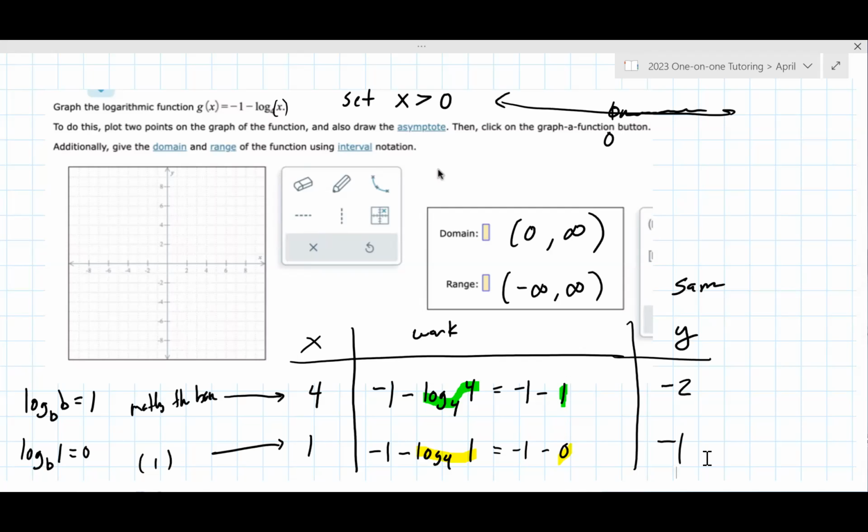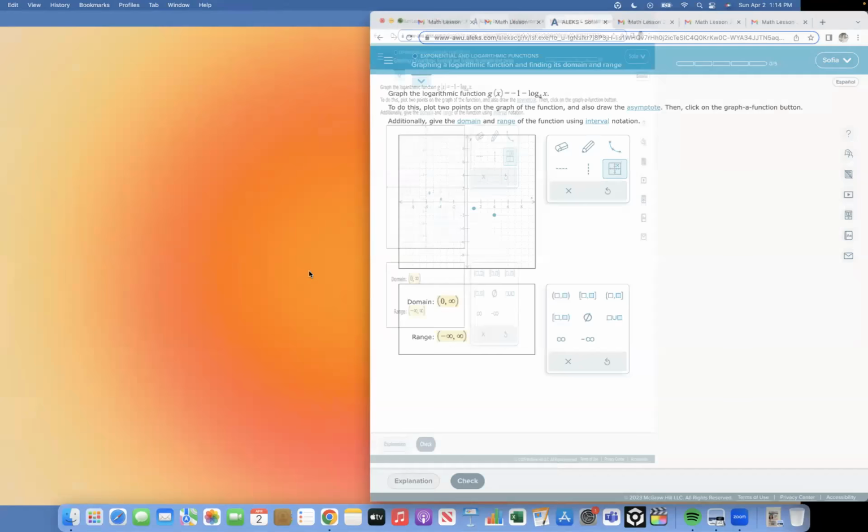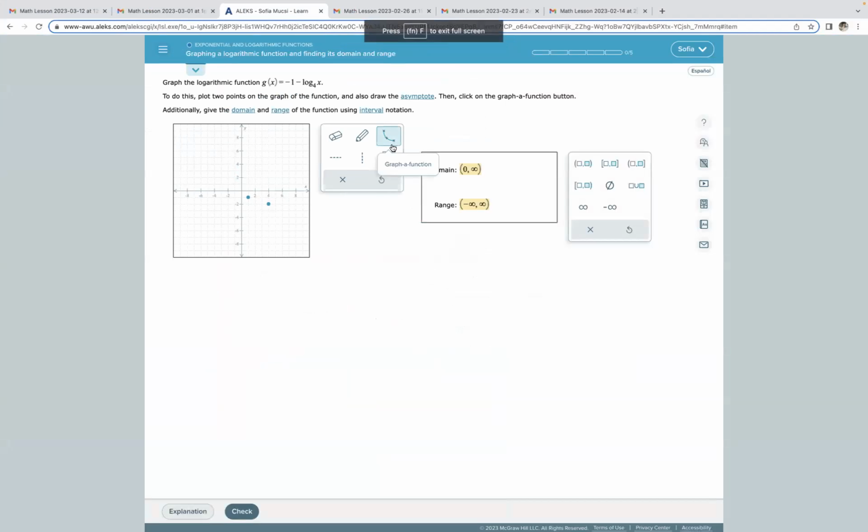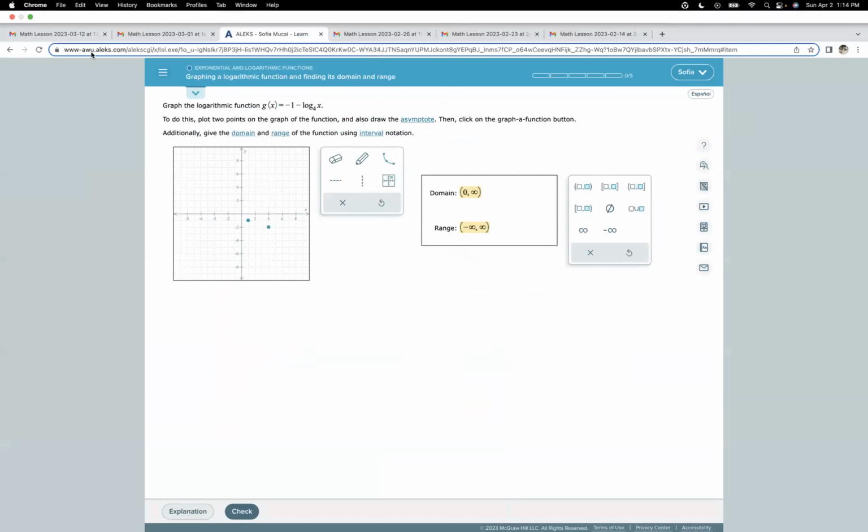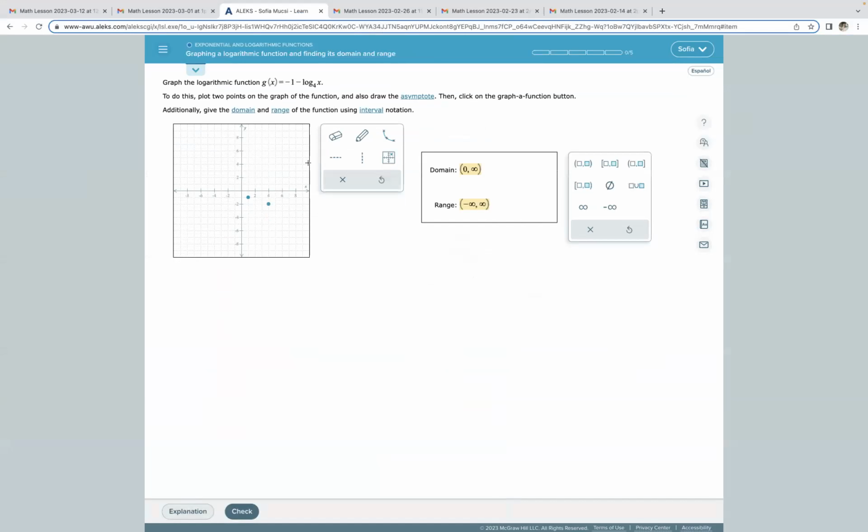Now that I have these 2 points, I'm sorry, we also need to draw the asymptote. So the asymptote is a vertical line at x equals 0. I'll explain that.